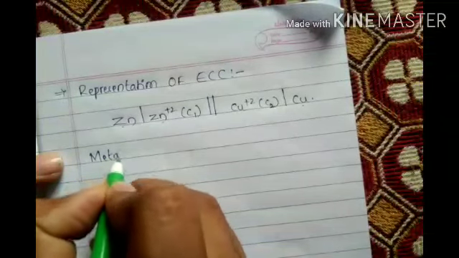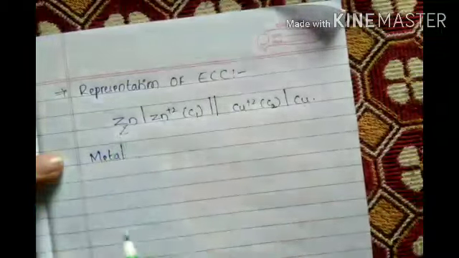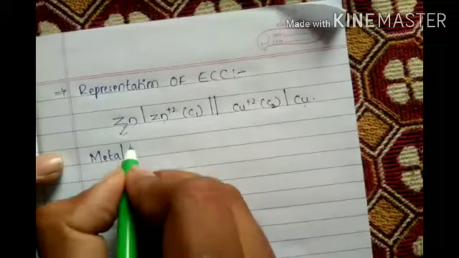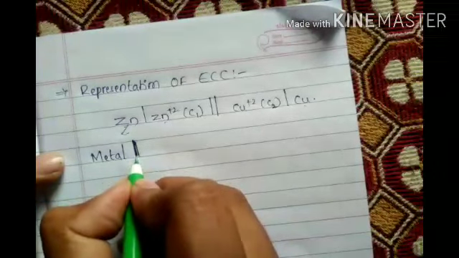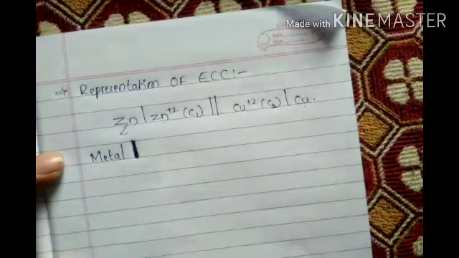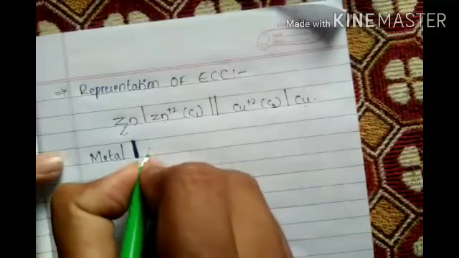Metal means the strong one. Metal. Now a single line, then the metal ion.